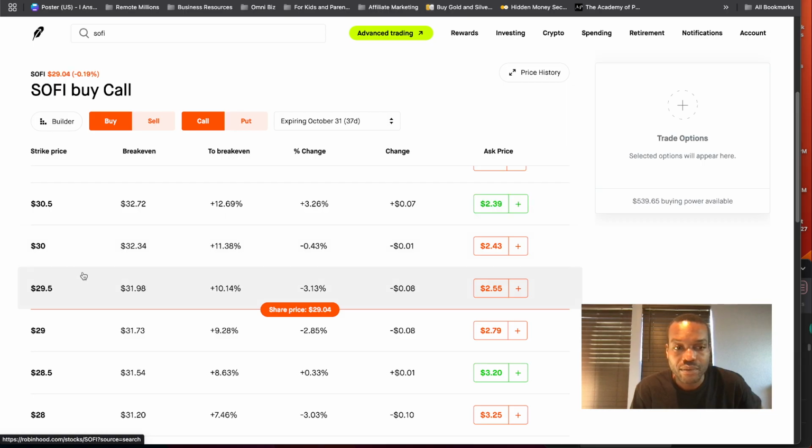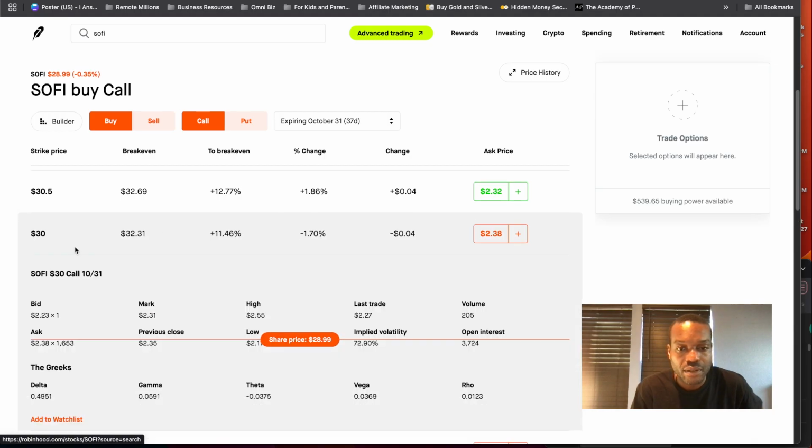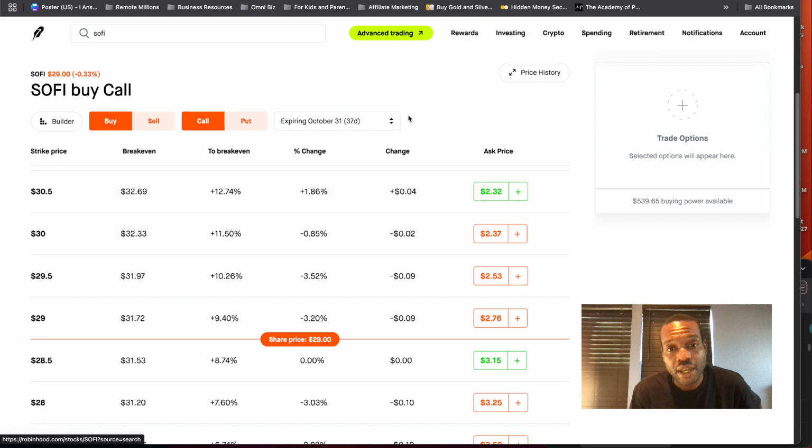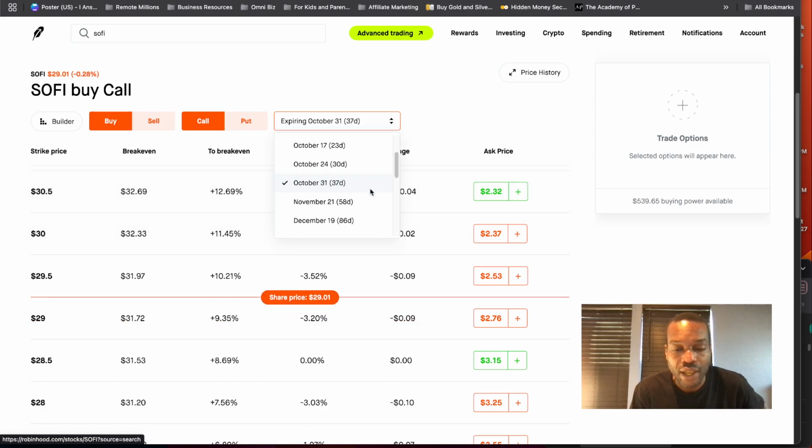So I think I'm going to look toward this one. That's crazy. This gets cheaper than this one. So I can look into this one actually, or I can go further out.